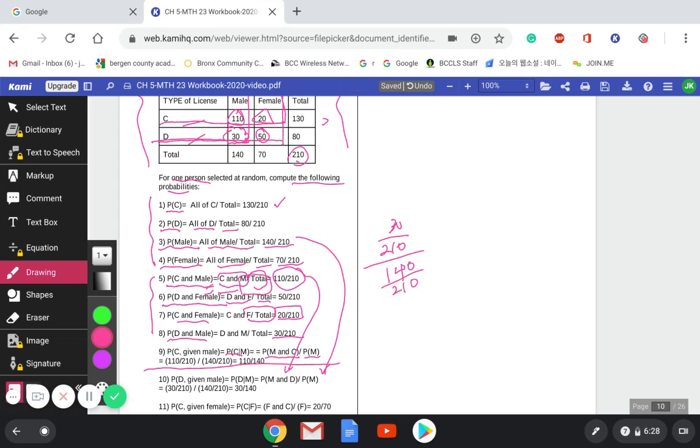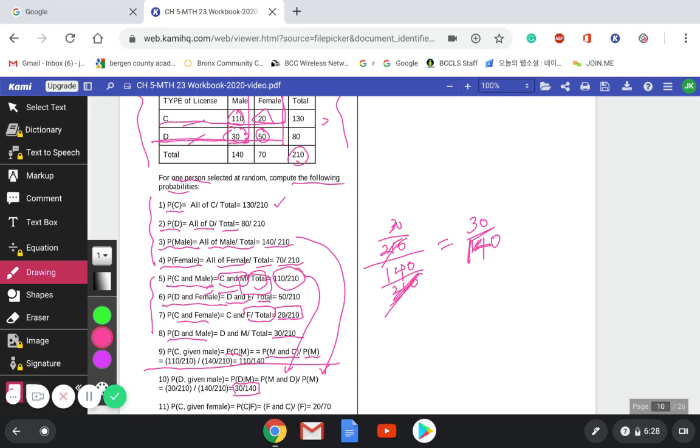The simple way of doing that is 210 and 210 cancel out. You end up with 30 out of 140.